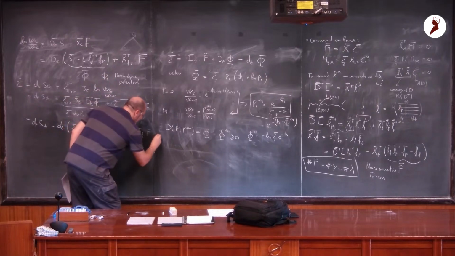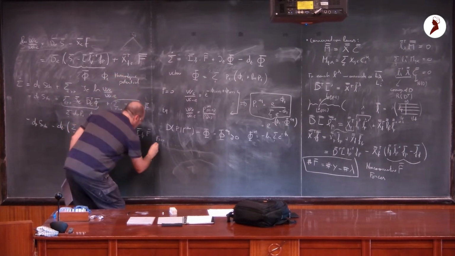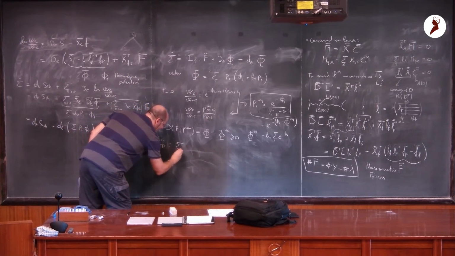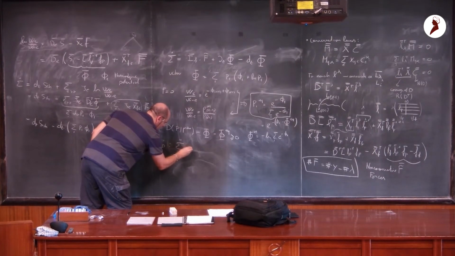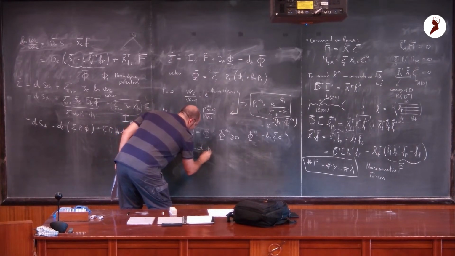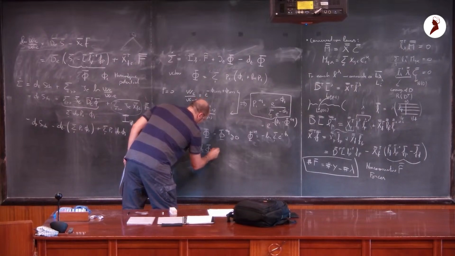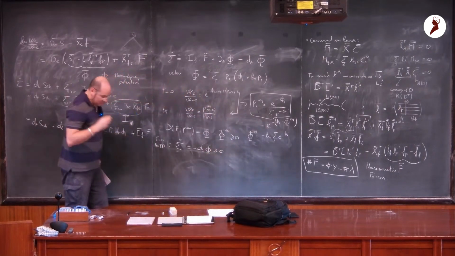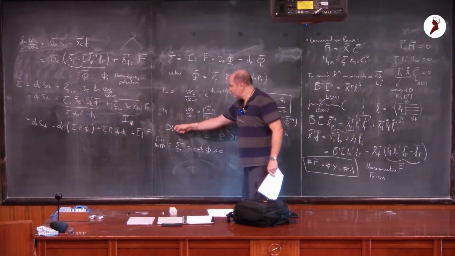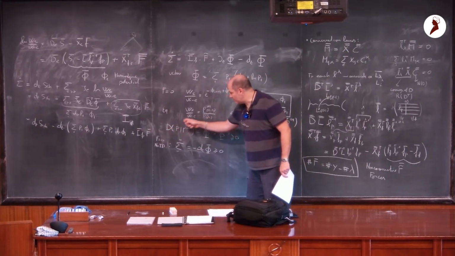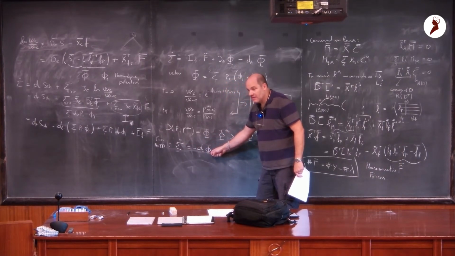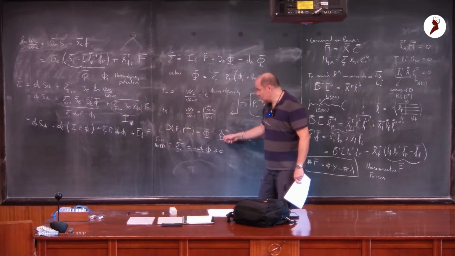So we can also show that for a dynamics where F is equal to 0 and no time-dependent driving, the entropy production is going to be minus the derivative of phi, which is always positive or equal to 0. And I can also write this as the derivative of the relative entropy. So again, this is going to be a Lyapunov function. So what my dynamics will do is minimize phi until I reach phi equilibrium.